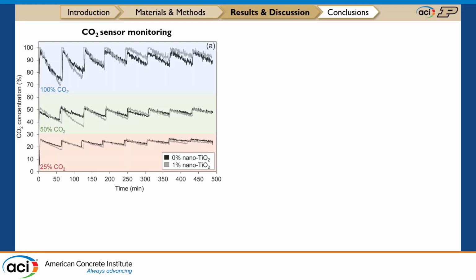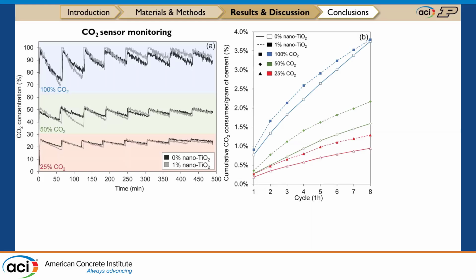In the middle, in green, the samples exposed to 50%, and in red, the samples exposed to 25%. Then we have the samples that were nanomodified, which are the gray ones, and the samples that were not nanomodified, which are the black ones. As you can see here, as time goes by, we're actually seeing a decrease in the CO2 uptake rate, which is something that is expected due to carbonation slowing down over time.